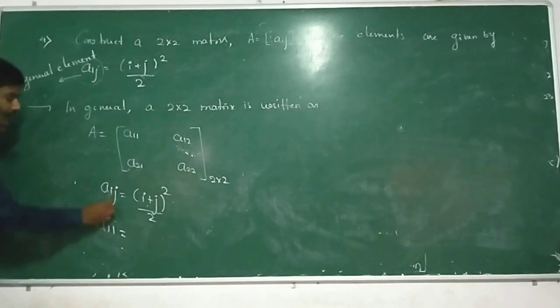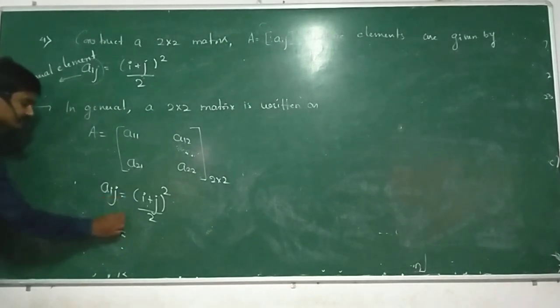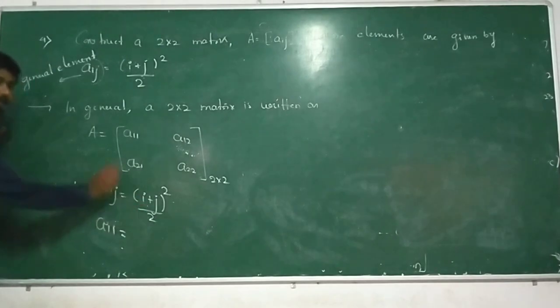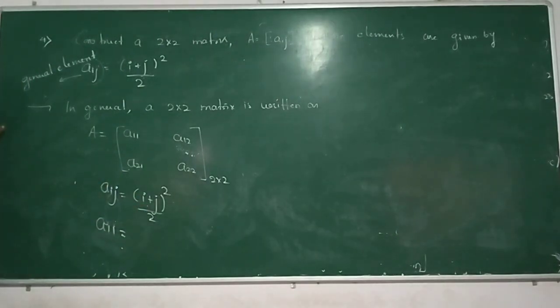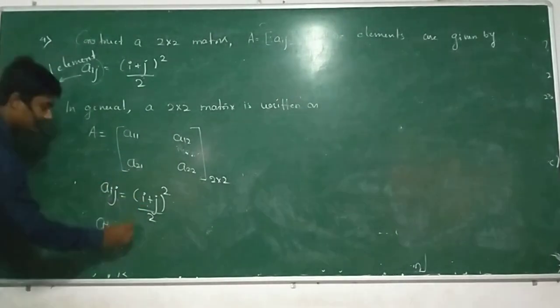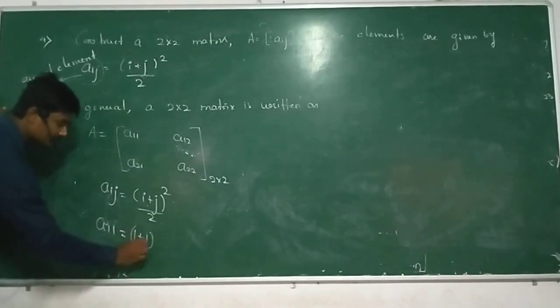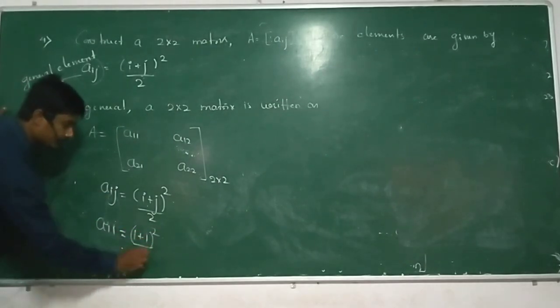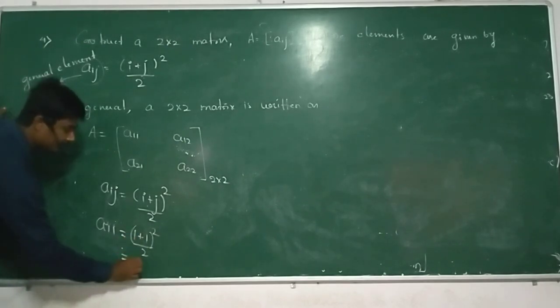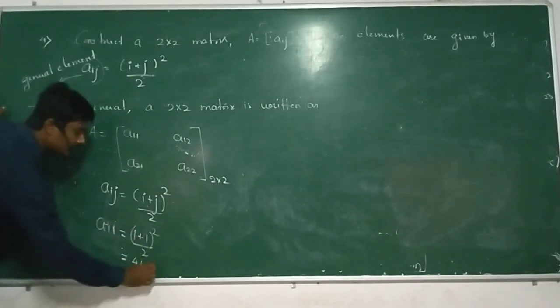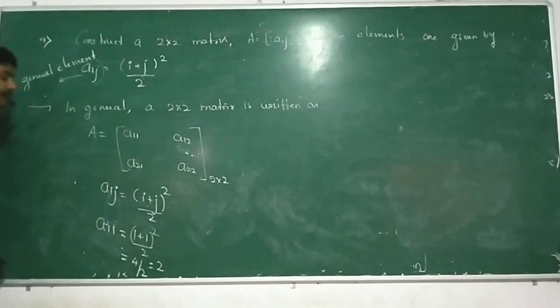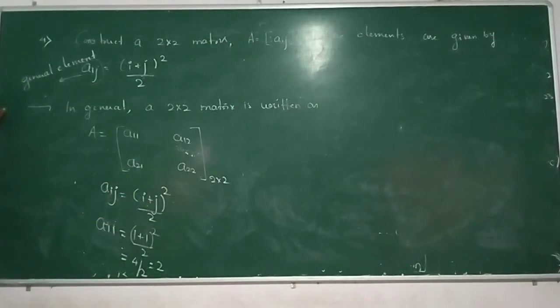I need to put i value as 1 and j value as 1 in this definition. So (1 plus 1) whole square divided by 2. So 2 square is 4 upon 2. So the A11 element is nothing but 2.